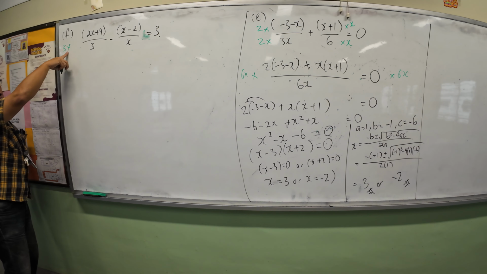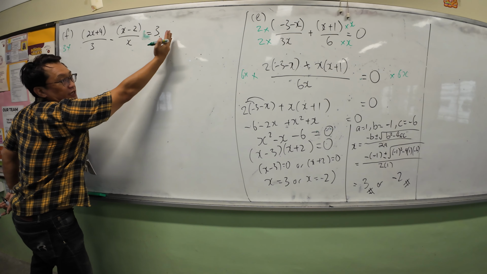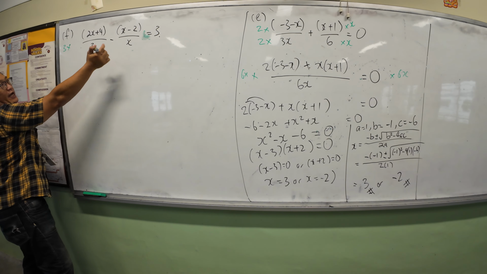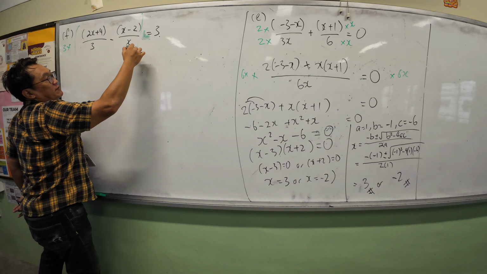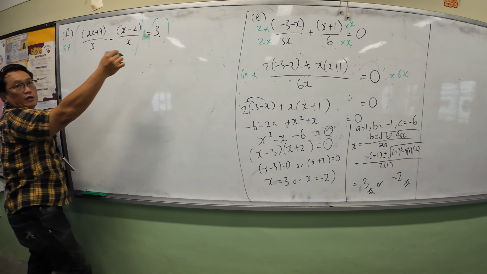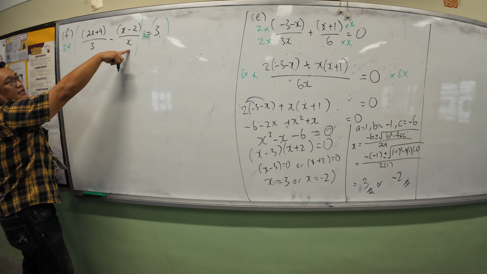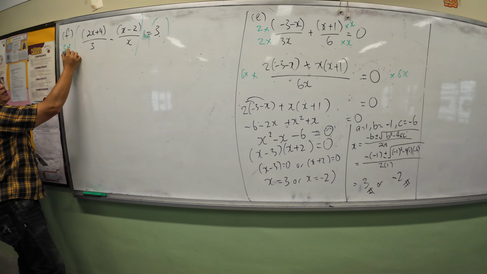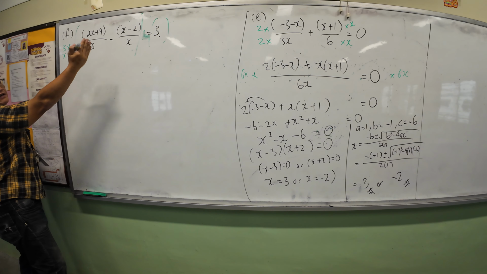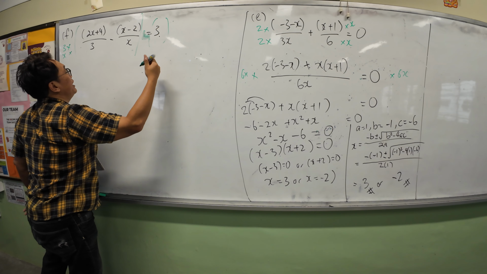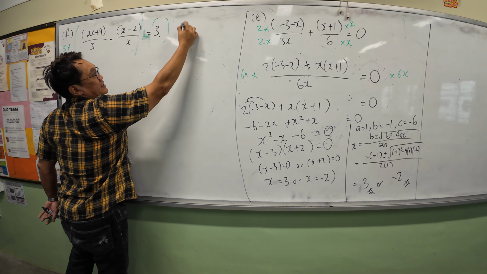If I want to multiply 3, I must multiply 3 throughout the equation. I must multiply it to the left, I must multiply it to the right. Same thing. I want to cancel the x, I must multiply it to the entire left hand side. I must multiply it to the entire right hand side.